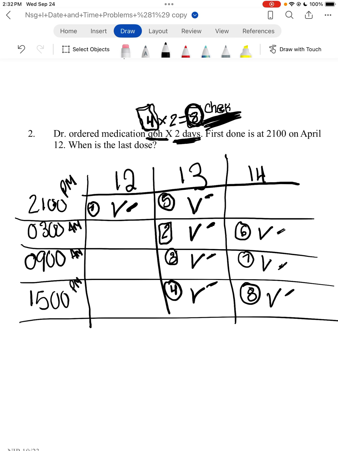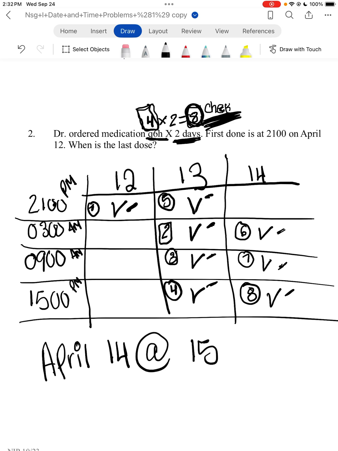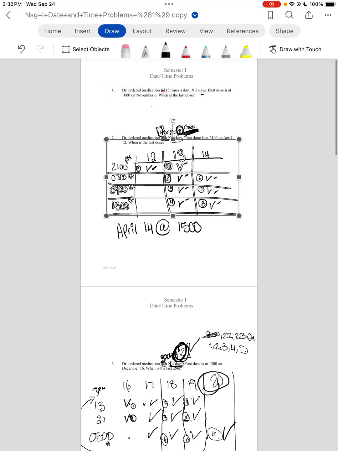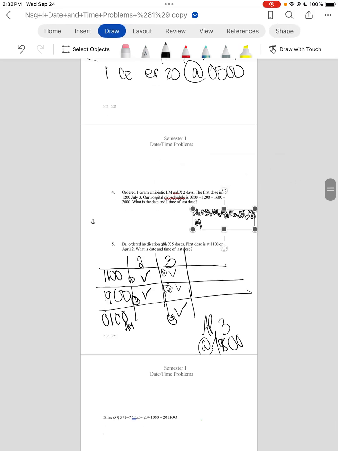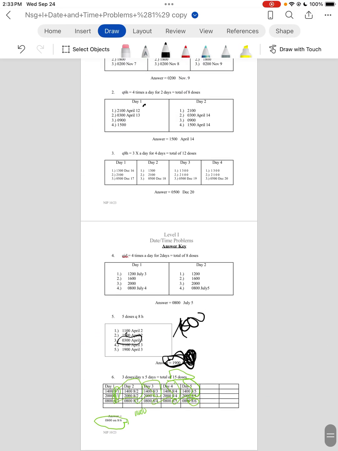So we would say that the last dose would be on April 14th at 1500. Now we have to go all the way to the bottom and check to see if that is the correct one.